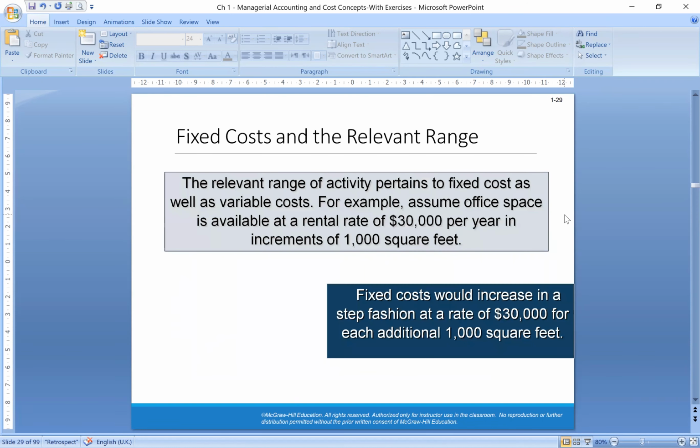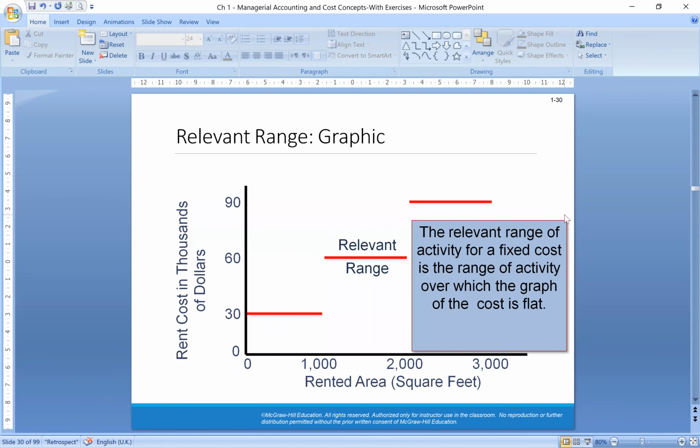What else? The relevant range of activity pertains to fixed costs as well as variable costs. For example, assume office space is available at a rental rate of $30,000 per year in increments of 1,000 square feet. Fixed cost would increase in a step fashion at a rate of $30,000 for each additional 1,000 square feet. What does that mean? Look at this example.